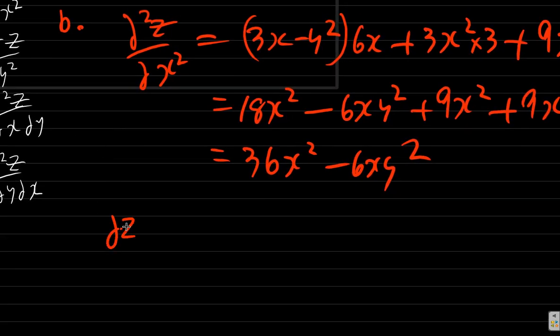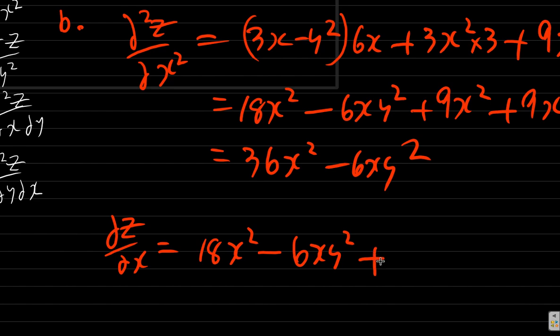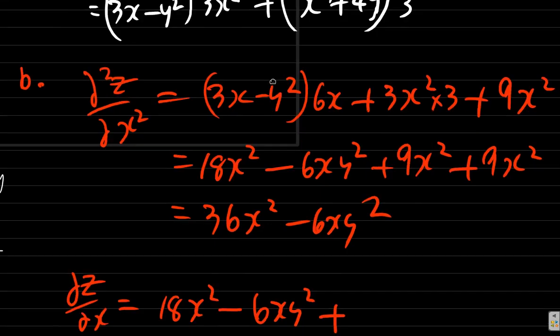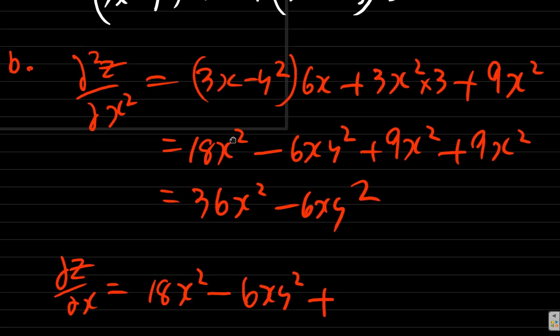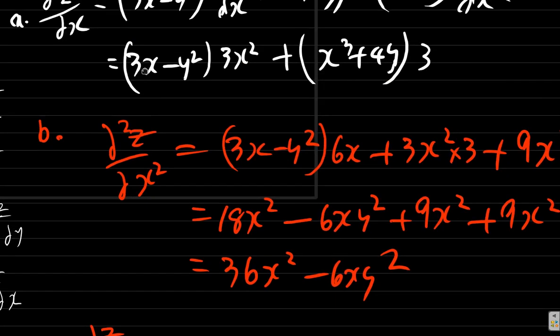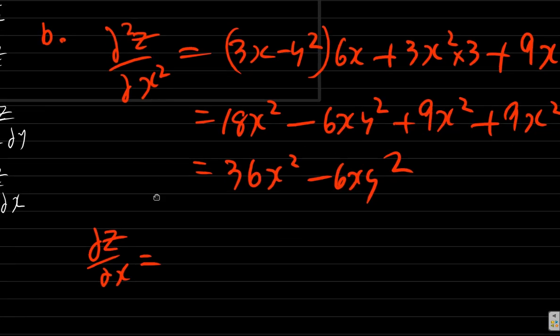So delta z by delta x is equal to, multiply out, 6 3s 18x squared minus 6xy squared plus, oh, I'm multiplying out this. It's up here, I should multiply out. My, making all of these mistakes.